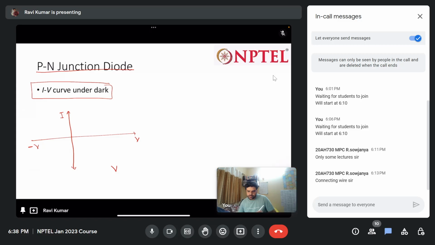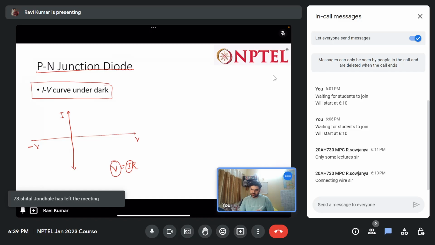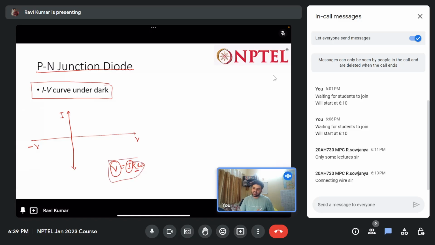V is equal to IR. Yes, V equals IR. Actually, Ohm's law is saying that our current will be directly proportional to voltage, and R is a proportionality constant. So if it is constant, then it will be a straight line like this.